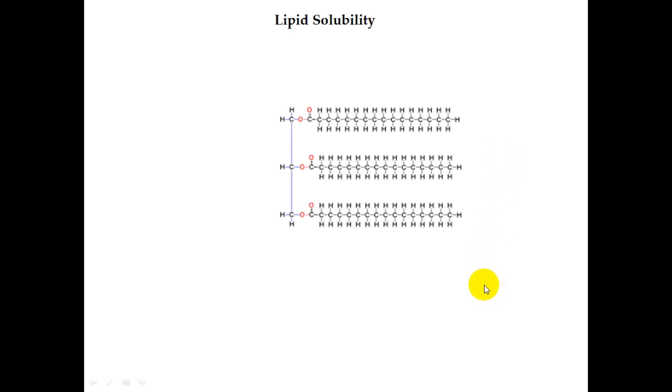Here's a huge nonpolar portion of a molecule. All of these fatty acids are nonpolar because they're made up of just C's and H's that share electrons equally. We mentioned that nonpolar molecules can form van der Waals interactions, or London forces, with one another. That's what these green dotted lines represent.